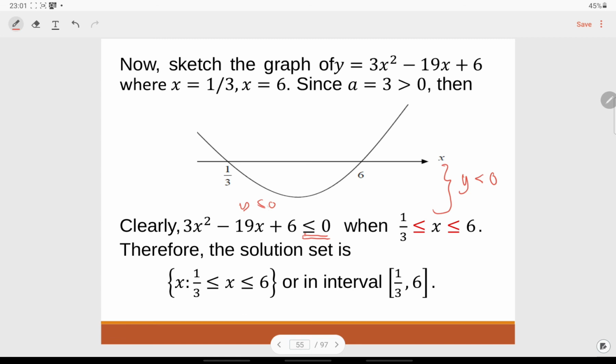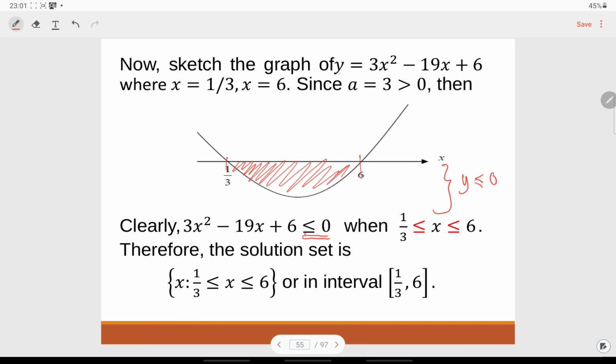For y less than or equal to 0, the area is covered by this area, with the values in between 1 over 3 and 6.